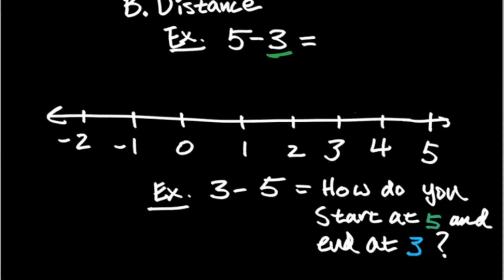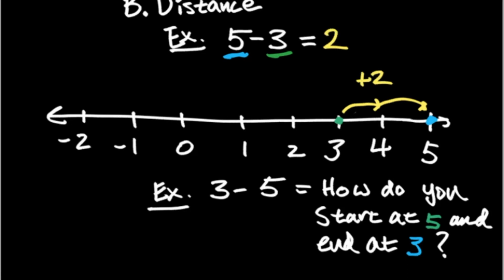So let's look at that on a number line. Starting at 3, how do we get to 5? Well, if we just hop up by 2 units in the positive direction, we get positive 2. So 5 minus 3 is positive 2.